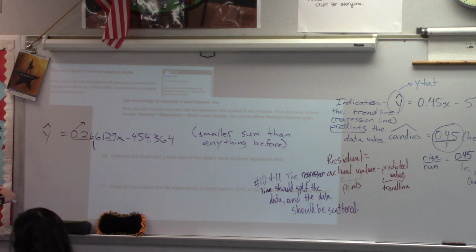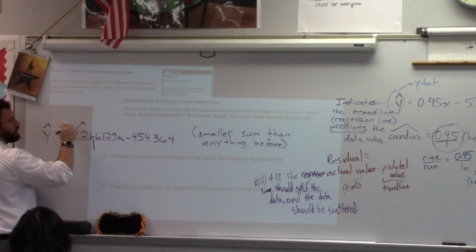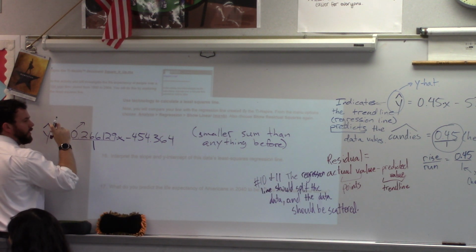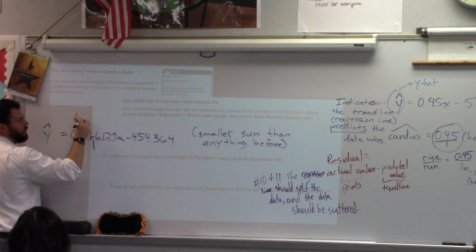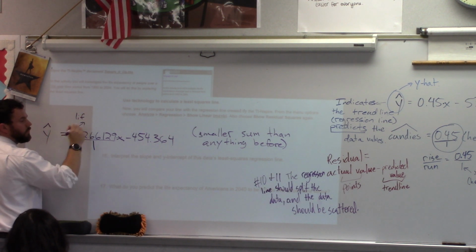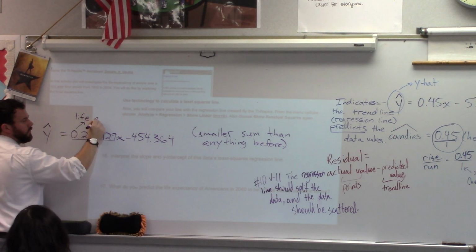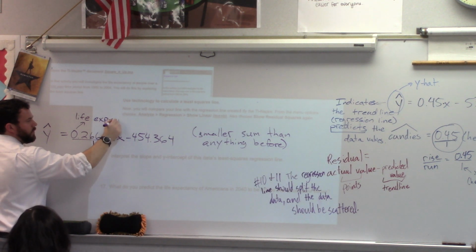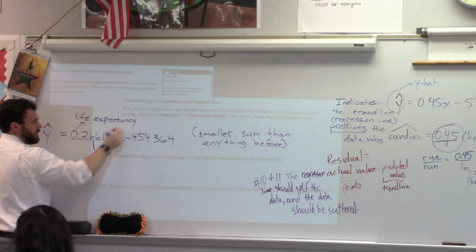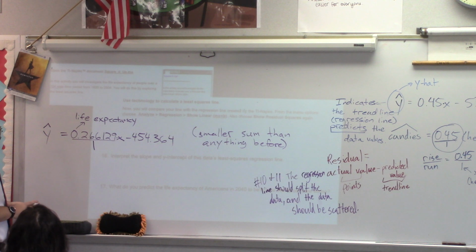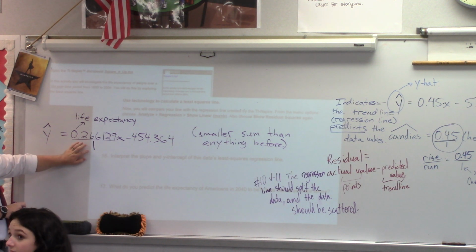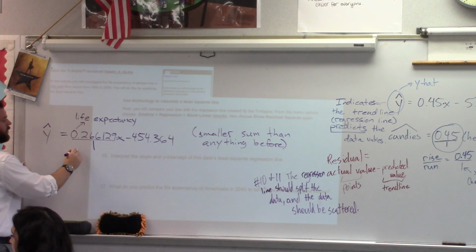What was the variable? A person's life expectancy, how long they expect to live, right? Per one what? One year. Remember that was the x, that was the years, right?